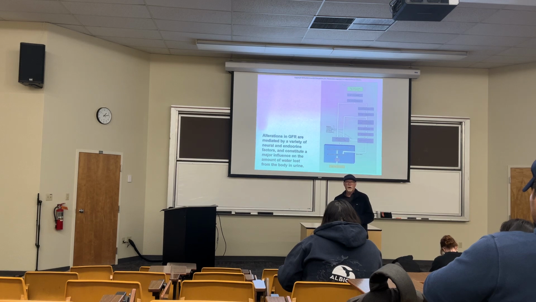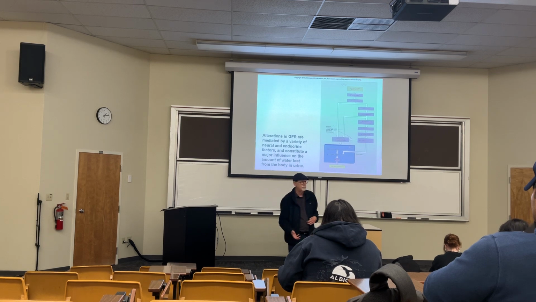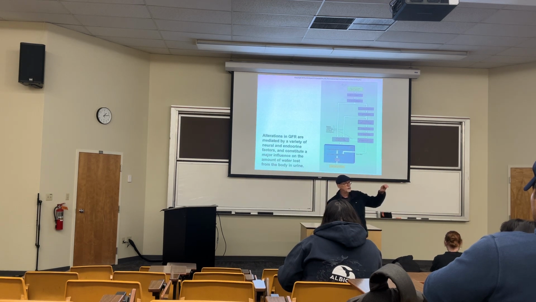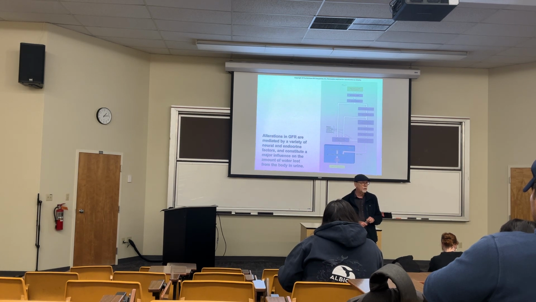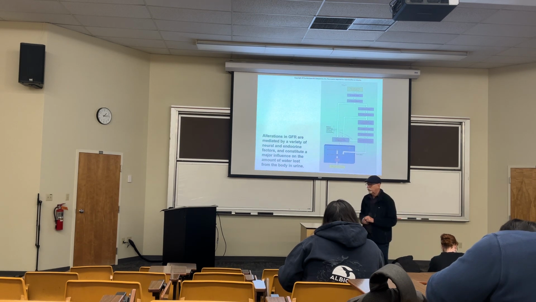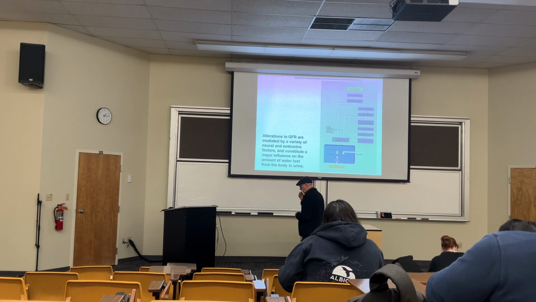If our plasma volume is too low, if our blood pressure is too low, we can constrict the incoming afferent arteriole, and or we can dilate the outgoing efferent arteriole, and that will lower the pressure in the glomerular capillary, and that will decrease our glomerular filtration rate.